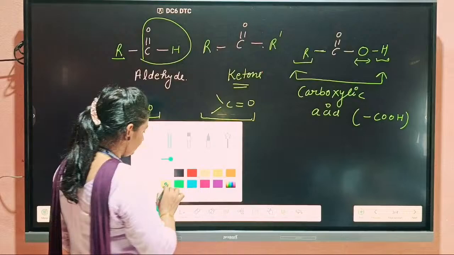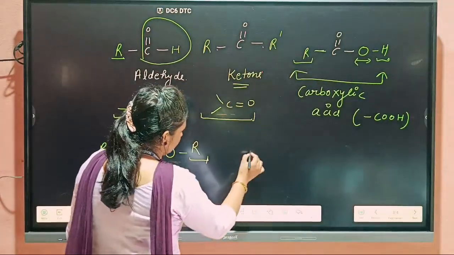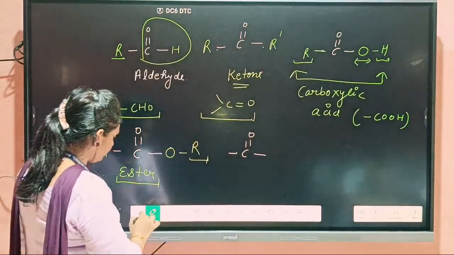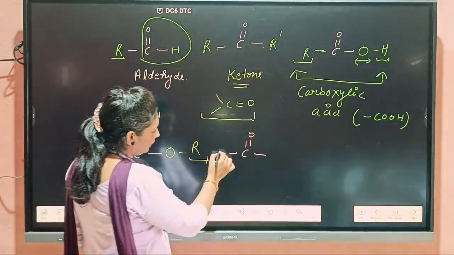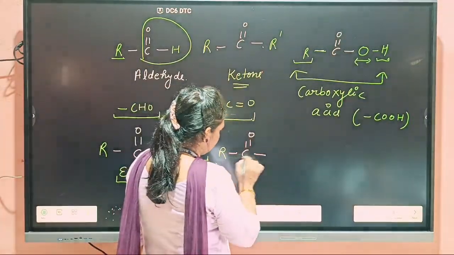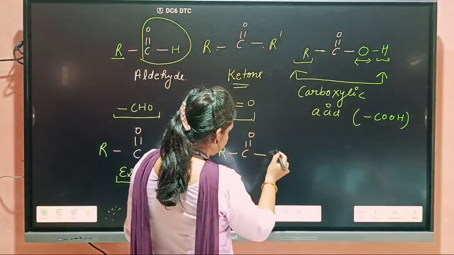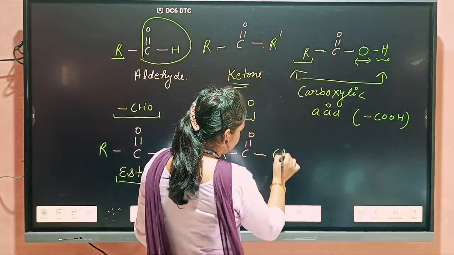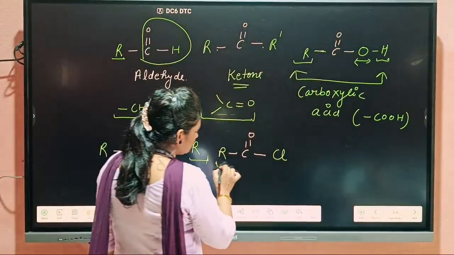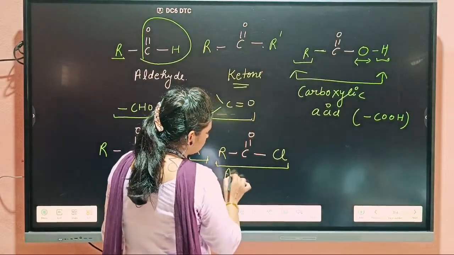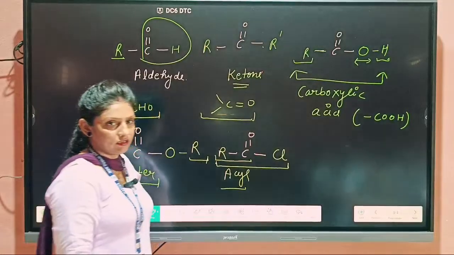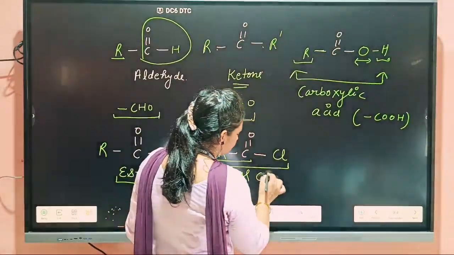And if here one is an alkyl group and one is, you can take Cl, then this is known as the acyl chloride.